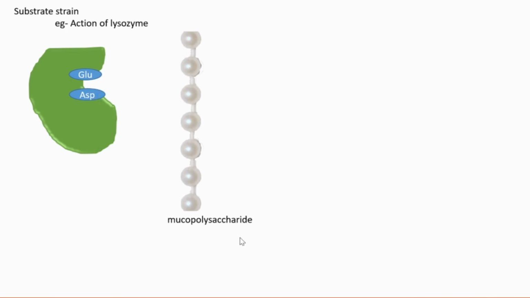And this is the mucopolysaccharide that is present on the bacterial cell wall. This enzyme needs to break this bacterial cell wall.